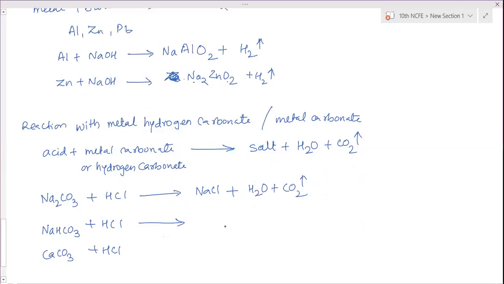Sodium bicarbonate reacts with HCl. It will also form the same products, NaCl plus H2O plus CO2. And then calcium chloride, CaCl2, plus H2O plus CO2 gas is formed. These are the reactions you have to remember. And the test of carbon dioxide gas.